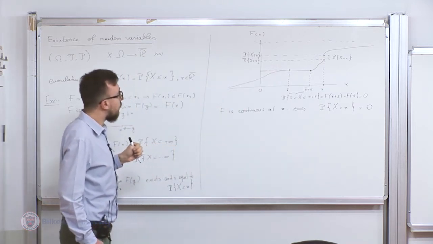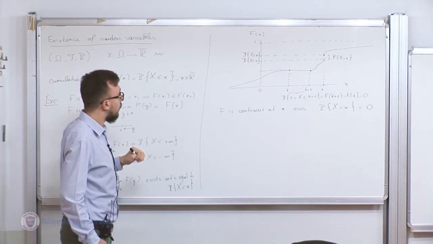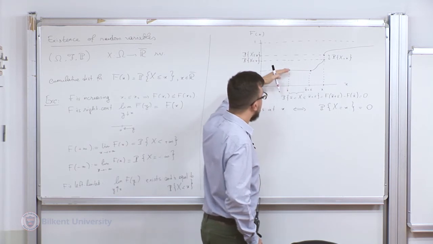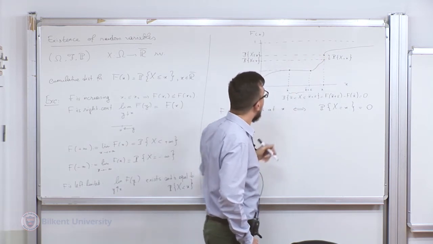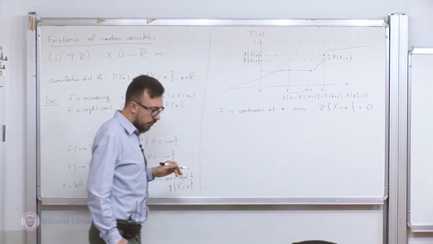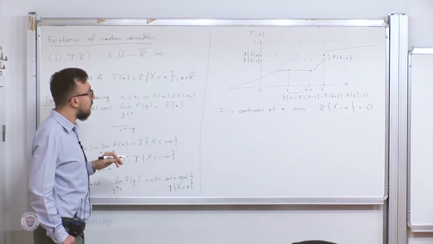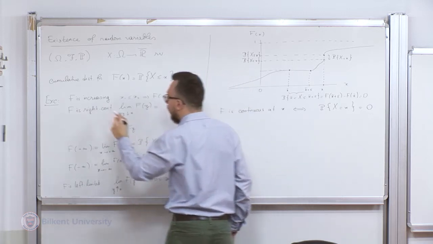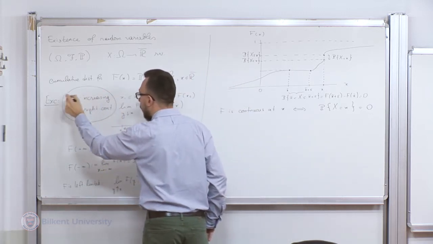So you can observe both types of behaviors. You can have a part that stays constant. You can have a part that has a jump. So it is possible to observe all sorts of shapes. But it is always increasing and right continuous.